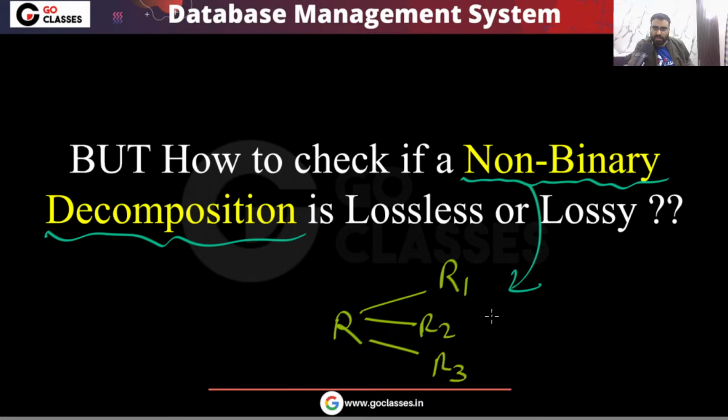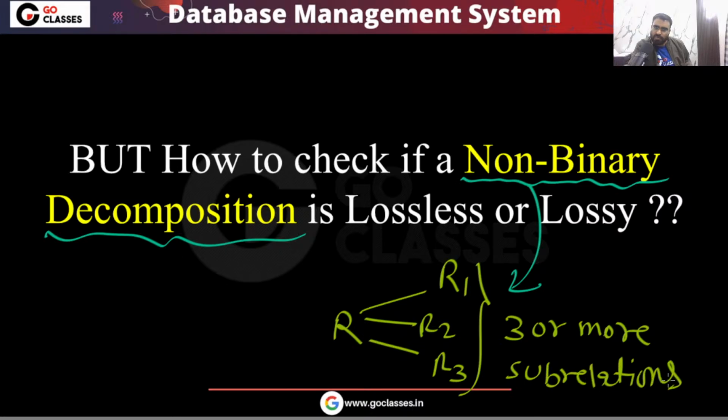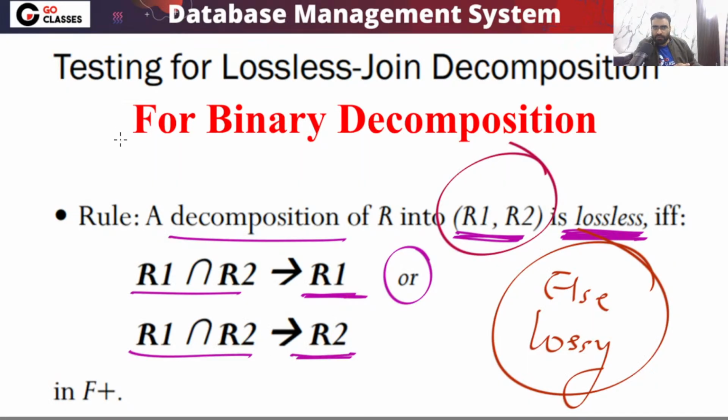Is this point clear? Very simple point. I hope you understood. So this is called non-binary decomposition. Remember, for binary decomposition there is a straightforward method. If you have a binary decomposition and you want to check whether it is lossless or lossy, it is actually very simple.